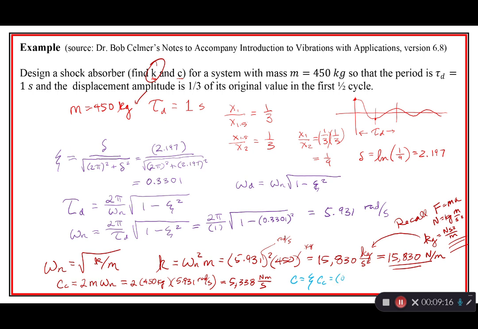So we have 0.3301 times 5,338. So we're left with a damping coefficient of 1,762 Newton seconds per meter.